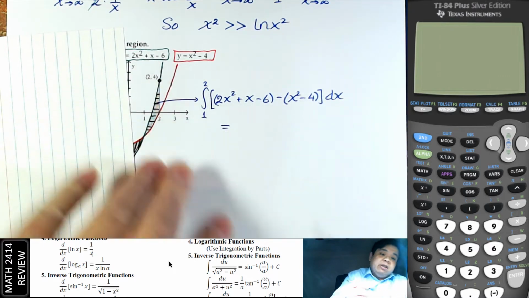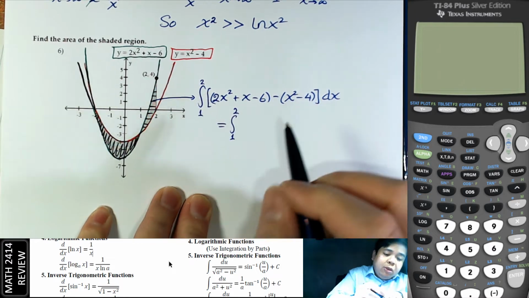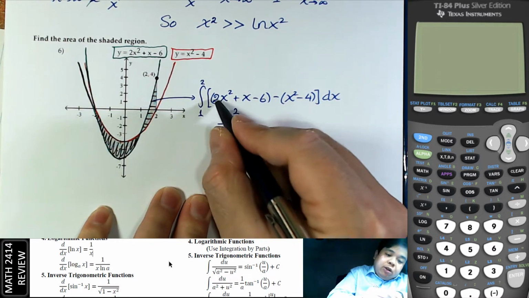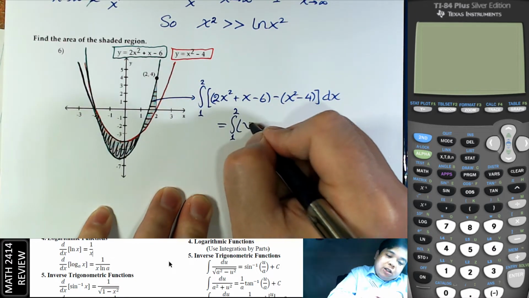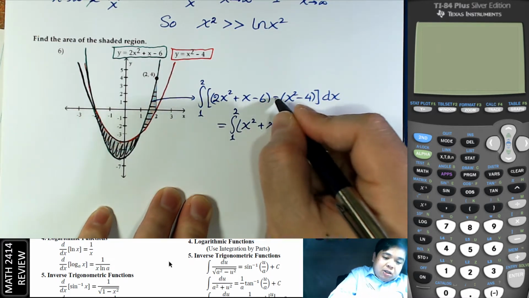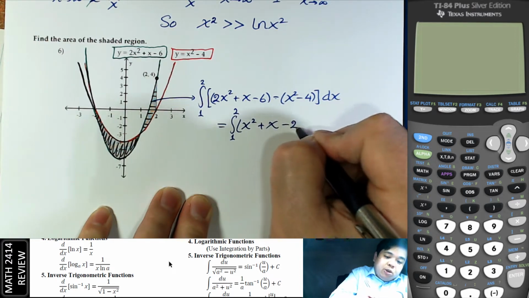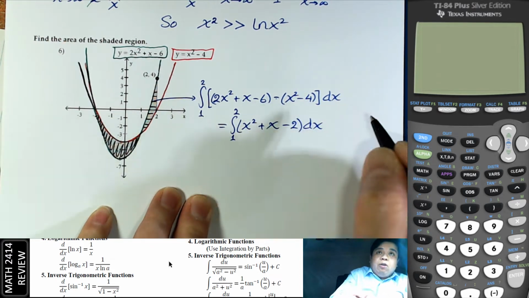Right, so that gives us the area for that. Simplify, we have 2x squared minus x squared, so that is x squared plus x minus 6 minus a negative 4, so minus 6 plus 4 minus 2. Right, so we do that.